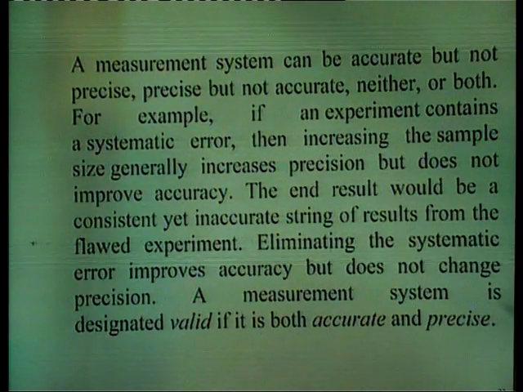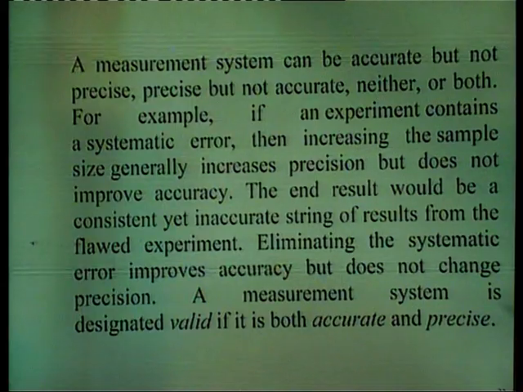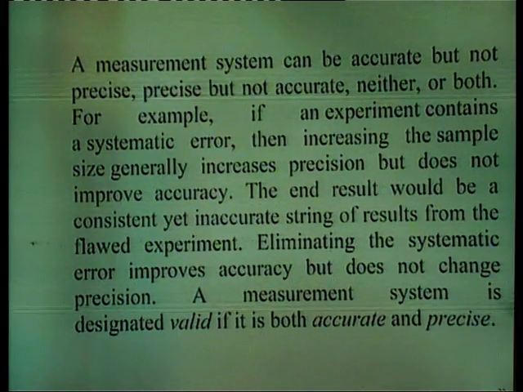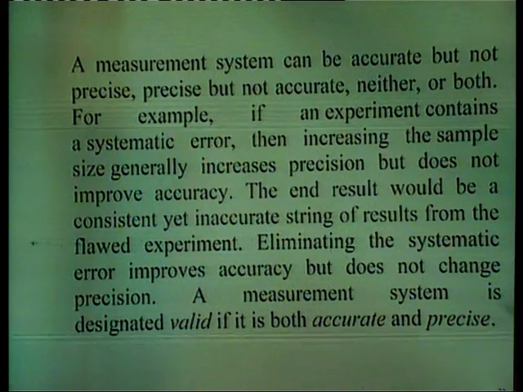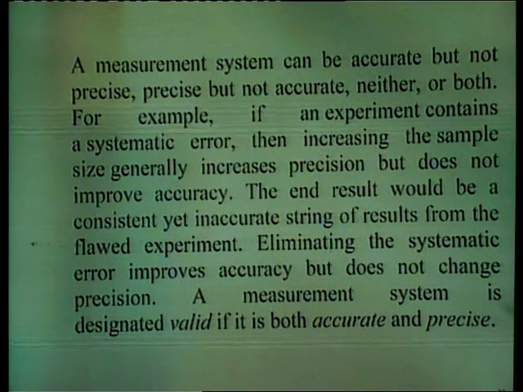The end result would be a consistent yet inaccurate string of results from the flawed experiment. Eliminating the systematic error improves accuracy but does not change precision. A measurement system is designated valid if it is both accurate and precise.